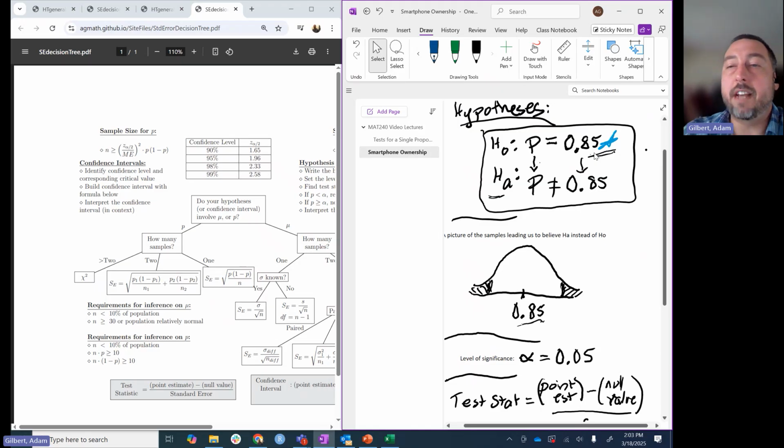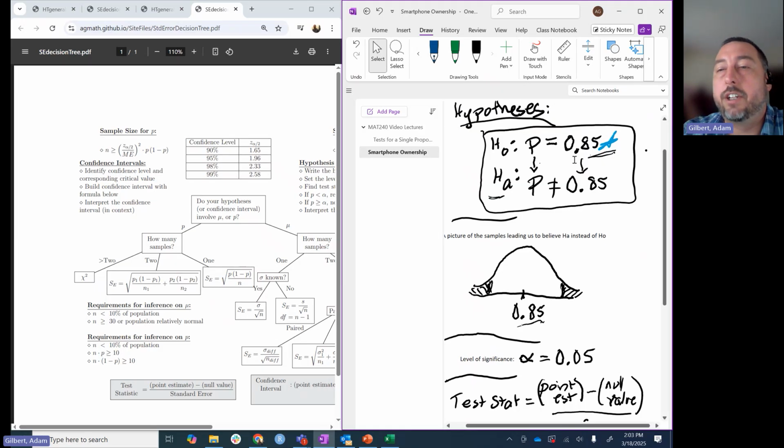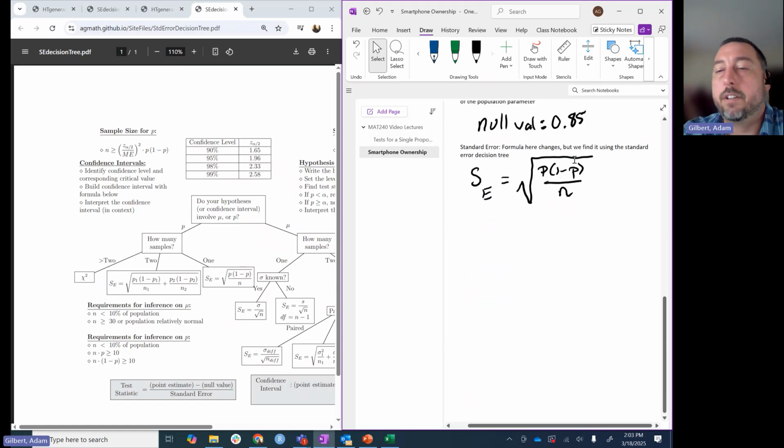So when we're doing these hypothesis tests with a single population, with a single proportion, we're going to use that null proportion in our calculation of the standard error.